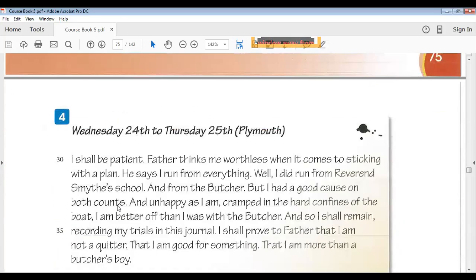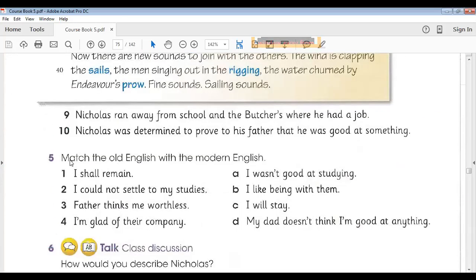After that we started activity 5, which was to match the old English with the modern English. You can see that we have these old English phrases and we have similar phrases in modern English.